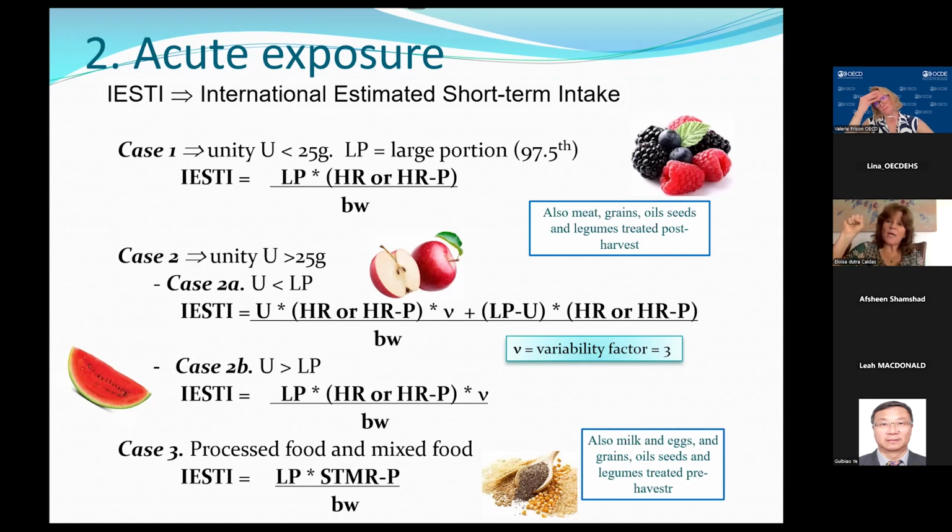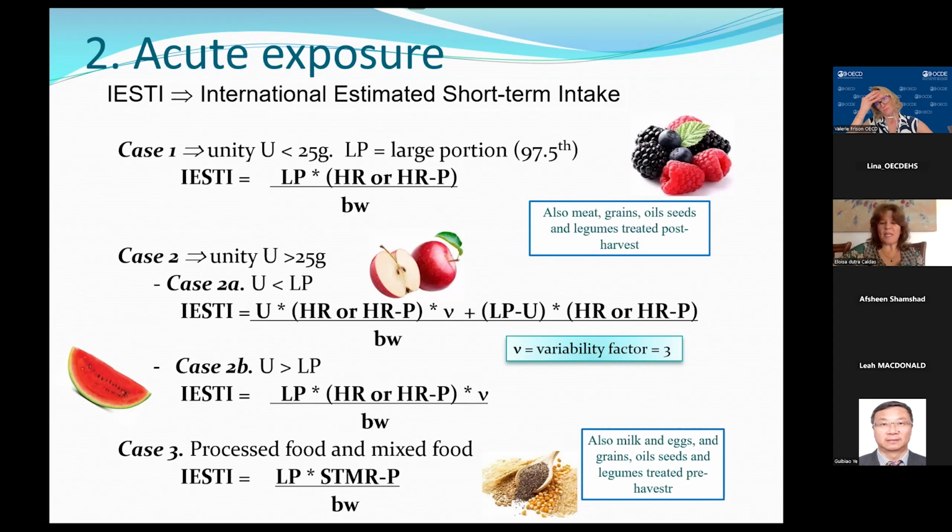If you eat more than one apple, you're going to eat the hot apple, which has the residue at the level of HR times the variability factor of 3. So that would be the hot apple. And other apples will have the HR as it was determined. And case 3 is where the unit weight is, that's the case of the watermelon. Normally you don't eat more than one watermelon. You eat actually a portion of the watermelon.